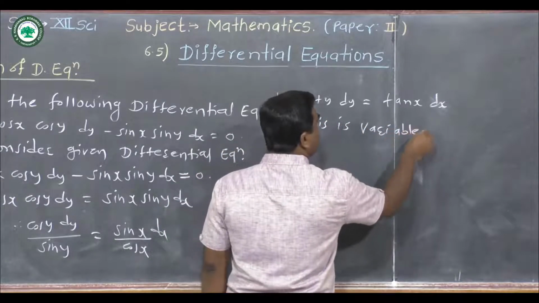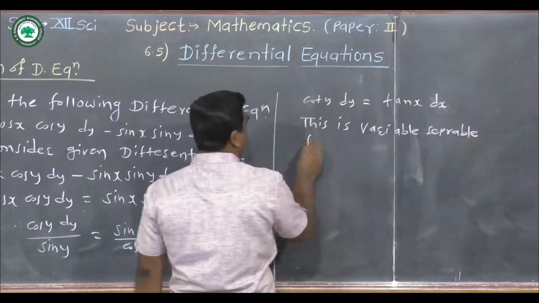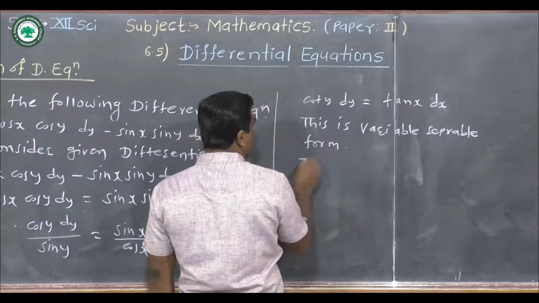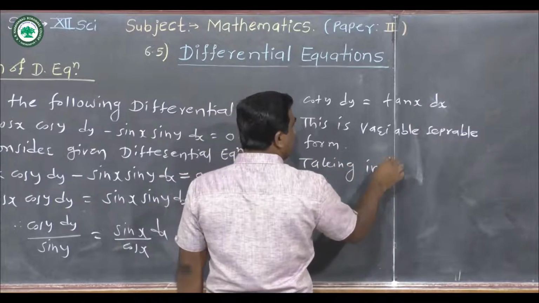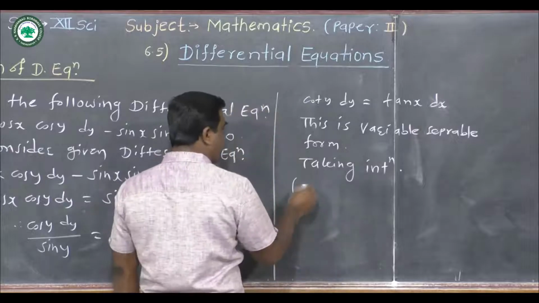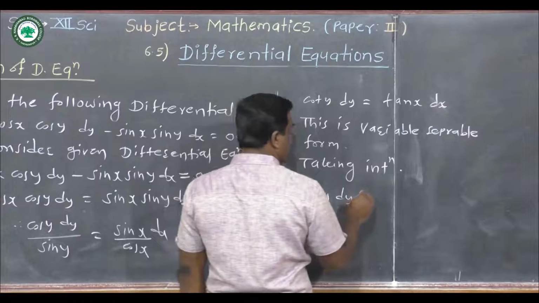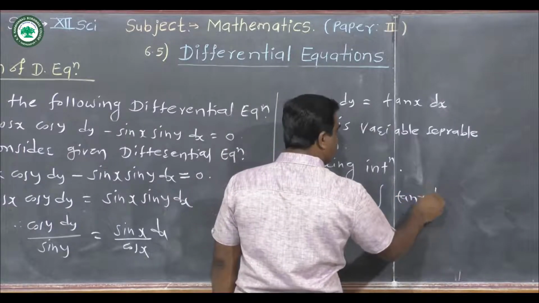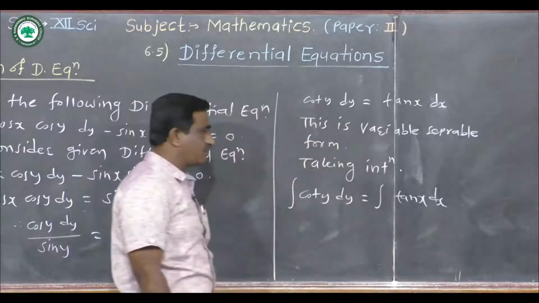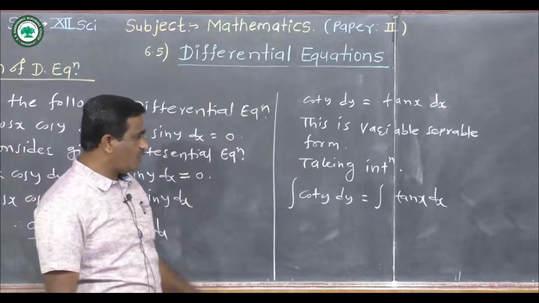Taking integration, we can write integral cot y dy is equal to integral tan x dx. Now we can find the integration of these two terms.